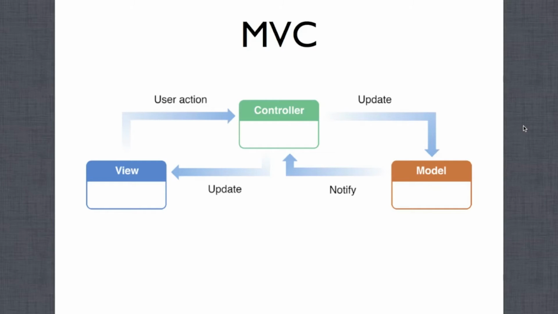Then the view might have something that the user can work with, maybe a button that says delete. And when the user clicks that button, there's an event. It's a user action. That action goes to the controller, and the controller does what it has to do with the model. In this case, it updates the model. It deletes the entry from our contact book.